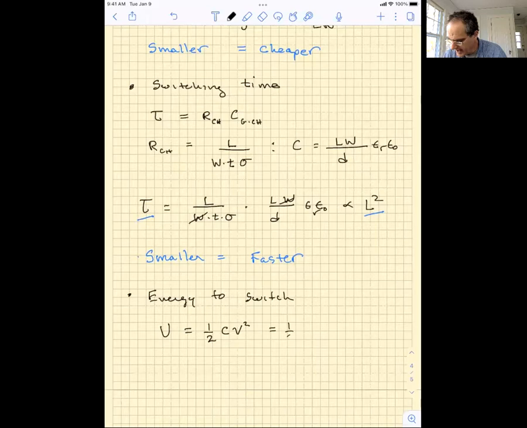So this is 1/2 times the capacitance of the gate channel capacitor times the voltage threshold squared. We've already seen last time that the voltage threshold is independent of size, independent of gate area, so the switching energy is just proportional to the capacitance. And so it's just proportional to L times W.